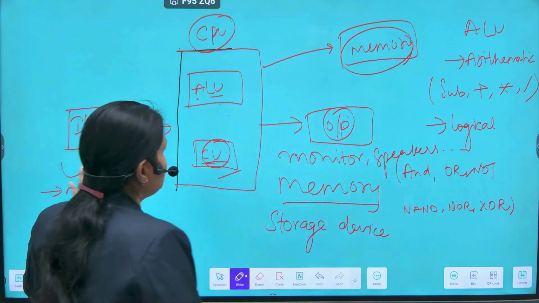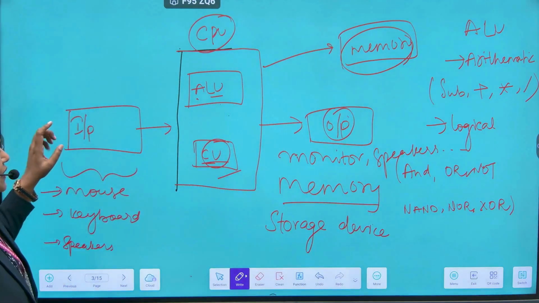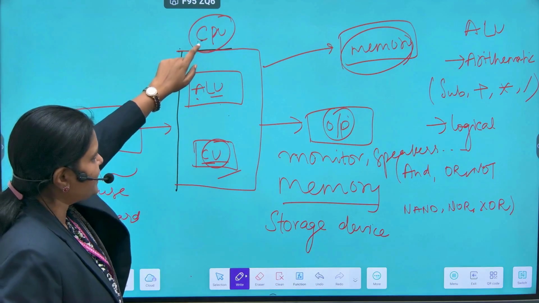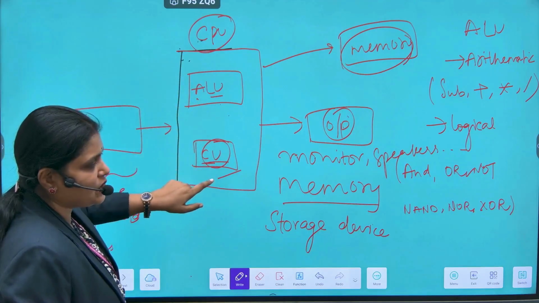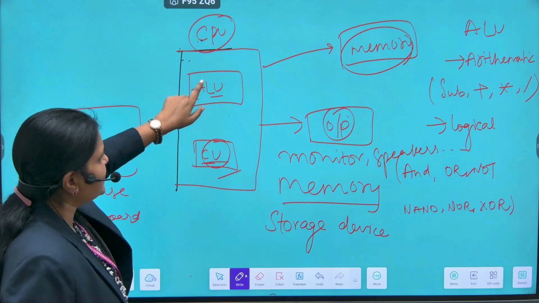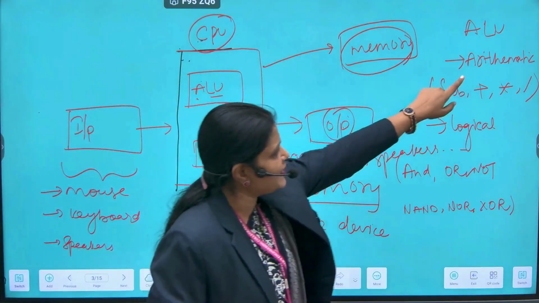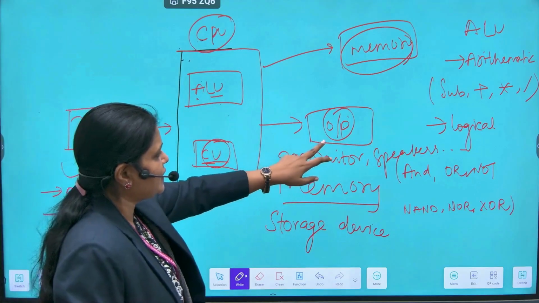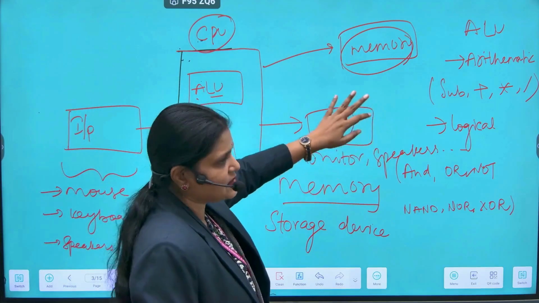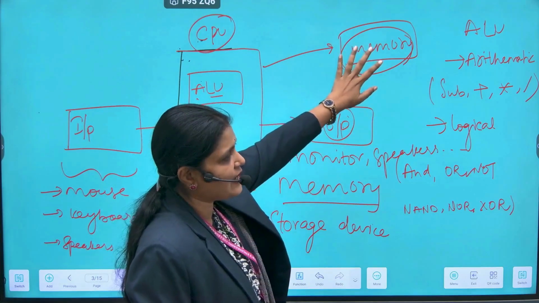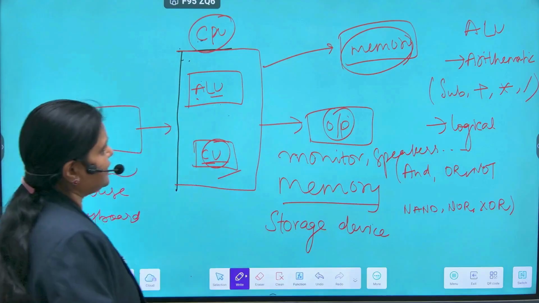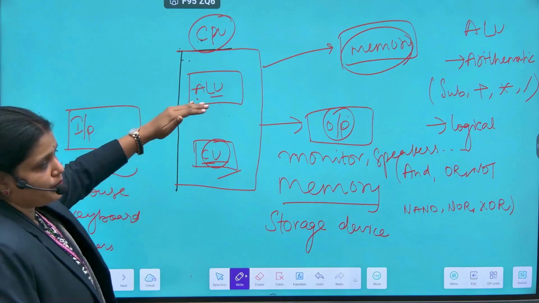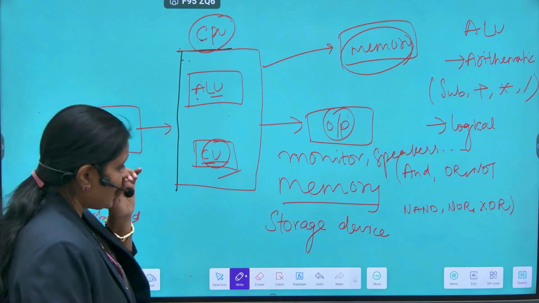Let us look at the block diagram of computer once more. Input devices, then the CPU, which is called the heart of the computer. It consists of the ALU and control unit. The ALU, the arithmetic logical unit, is used to perform arithmetic and logical operations. And we have output devices, that is monitors, speakers, and so on. We also have memory connected. So we are now going to look into the ALU and memory in detail.